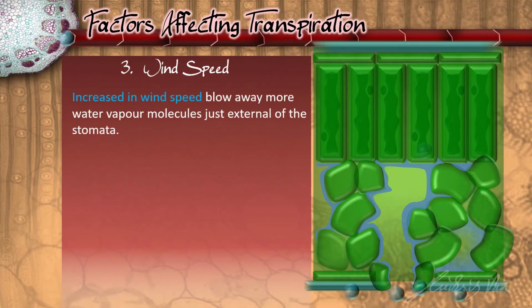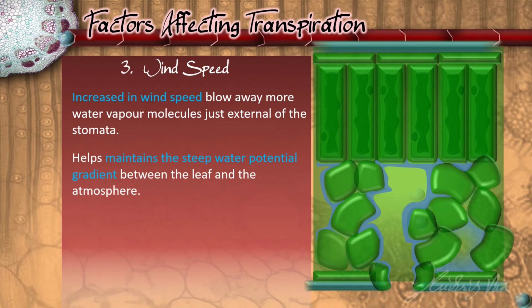An increase in wind speed will blow away more water vapor molecules just outside of the stomata. This will help to maintain the steep water potential gradient, since the water vapor that is gathering outside the leaf can be quickly blown away. This is similar to our small intestine, where it is well supplied with blood capillaries.